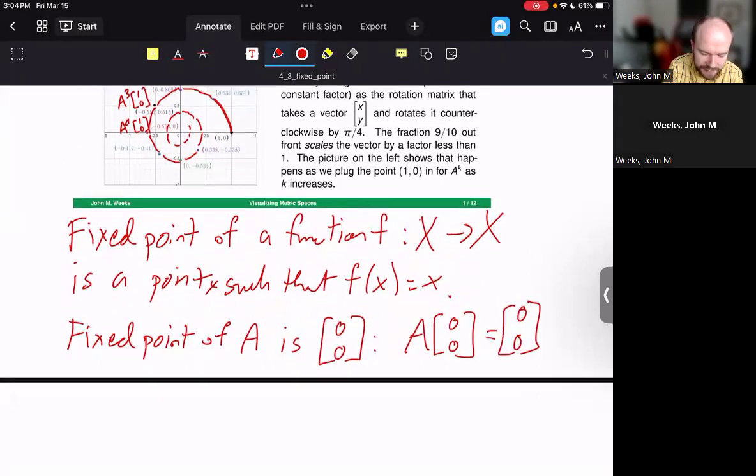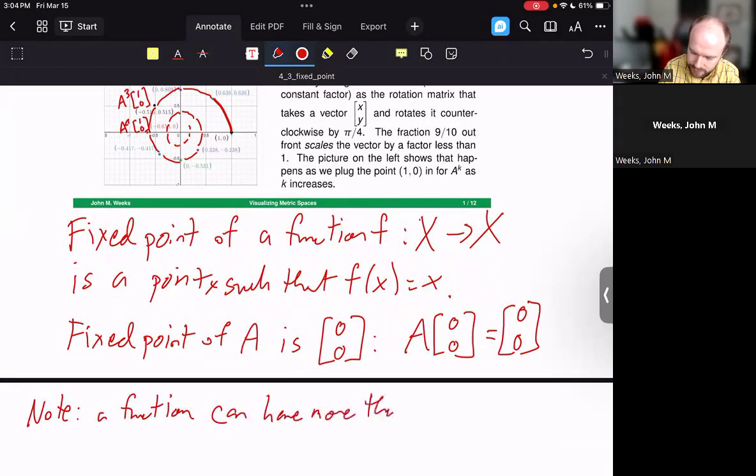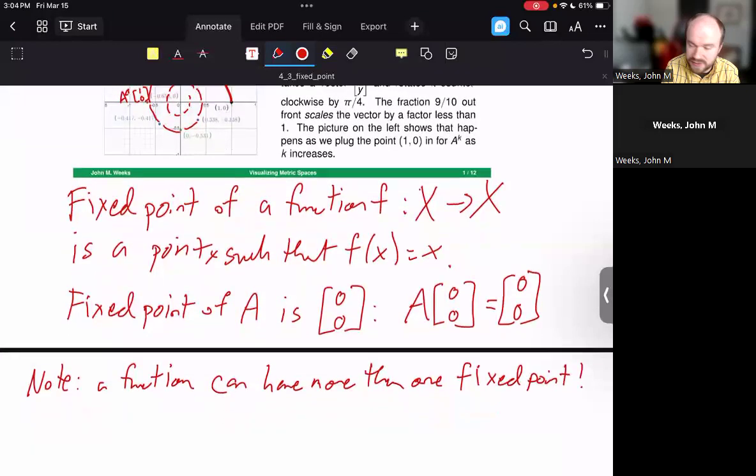Now note that a function can have more than one fixed point. For example, consider a matrix A with eigenvalue of 1.